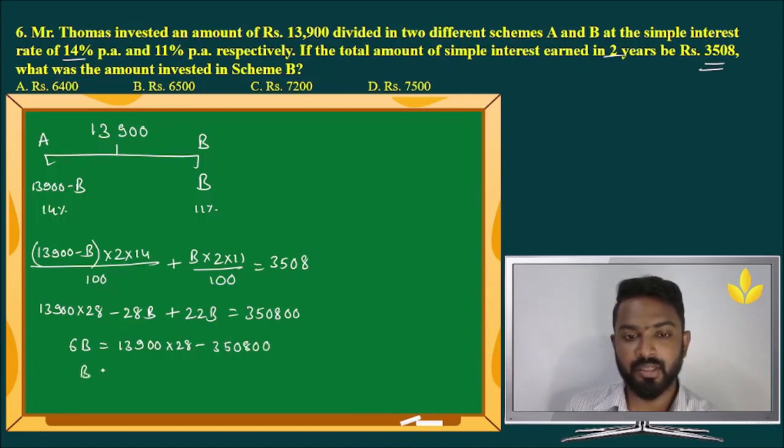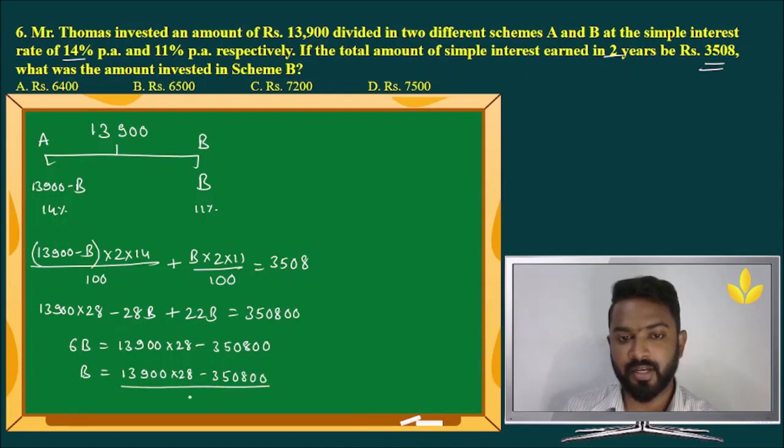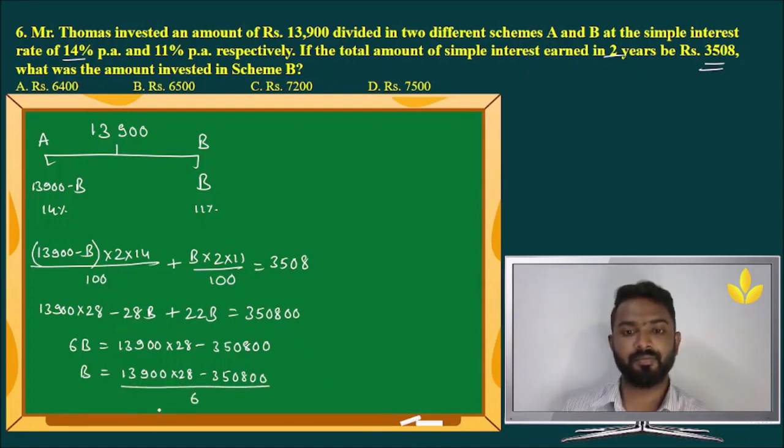So b is ultimately 13900 into 28 minus 350800, divided by 6. Now you can calculate it. After you calculate, you will get that the final answer is 6400. That's it.